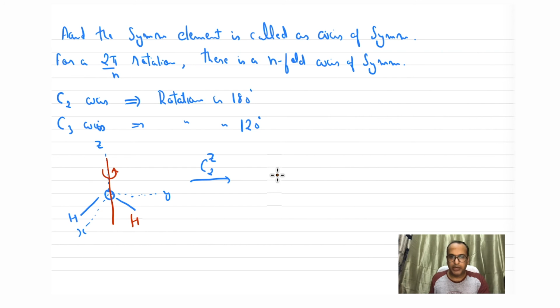O will remain at its own position, right? Now what happens to the two hydrogens? The blue hydrogen will come at this point, and the red hydrogen will come at this point, right? But the whole molecule as such is equivalent to the original molecule, right? So we can say that C2Z exists.